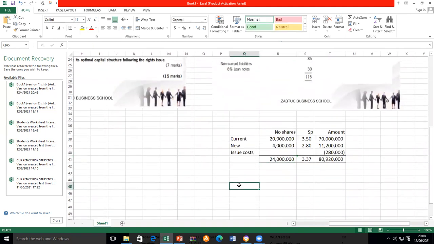Okay, so let's follow the loan. Book value. The book value is 30 million. What over the market value?